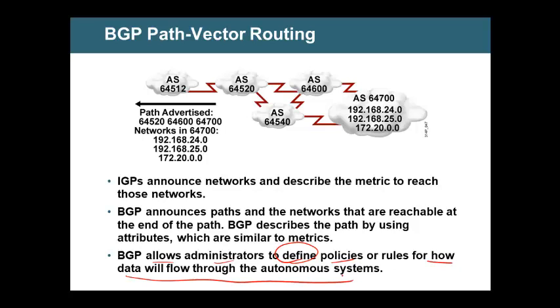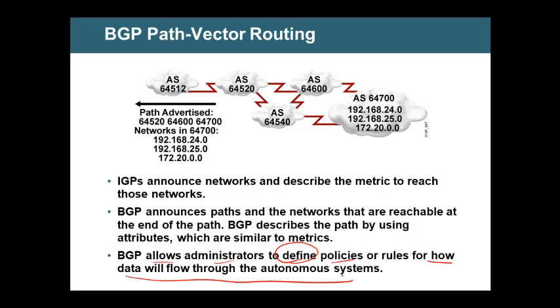BGP has got it. So through BGP, you can apply the policies that say how the data will flow through the autonomous system.